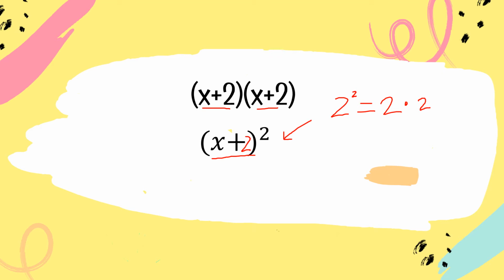So, pwede natin siyang i-write as the quantity of x plus 2 times the quantity of x plus 2. So, sir, paano po siya gawin? So, we have ways on how we are going to multiply binomials, specifically if they are identical binomials, pag magkaparehas sila.